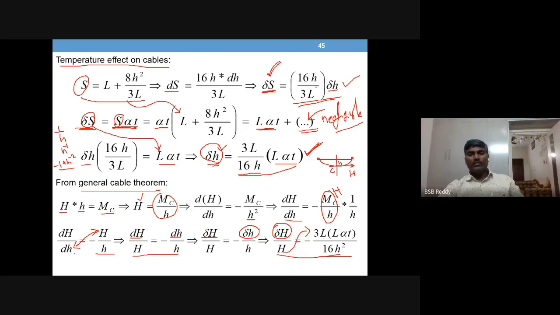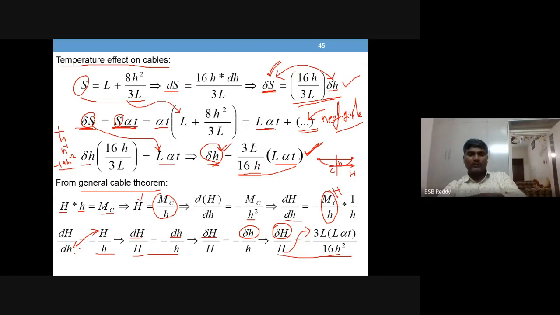From this relation, you can't get any value because both are unknowns. Only the H value is known, L is known. Whereas by converting like this, you are able to find the delta H value because you know all these things.